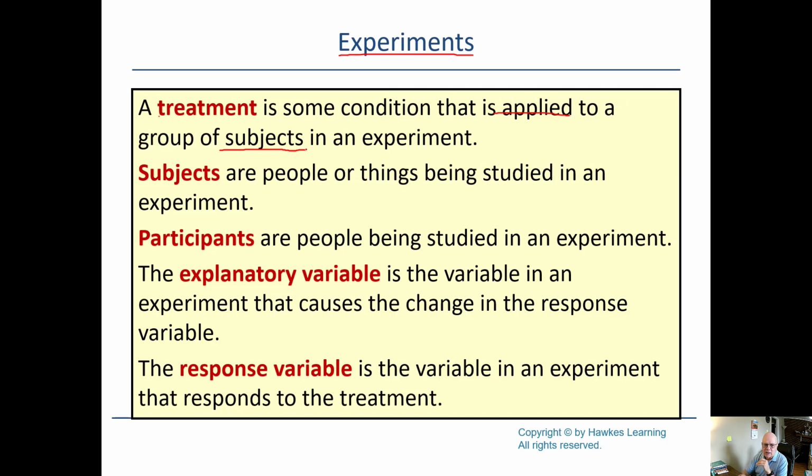For example, suppose you have a new type of aspirin or pain reliever, and you give that pain reliever to some people that have a particular condition that's painful, and we're going to see whether it helps their pain. The treatment would be the actual new pain reliever, and the subjects are the participants in the experiment. Now the data didn't already exist, so it's not an observational study, it's an experimental study.